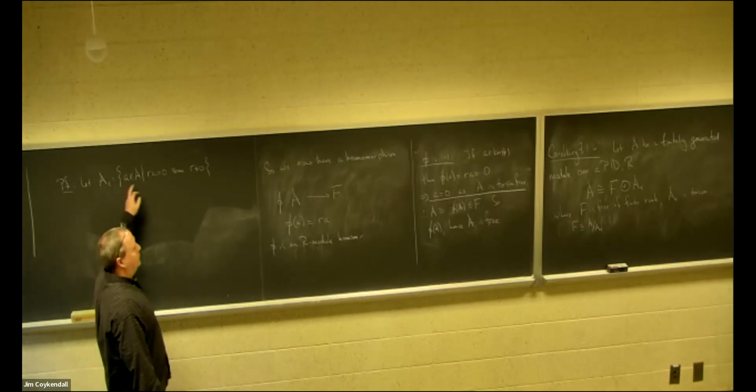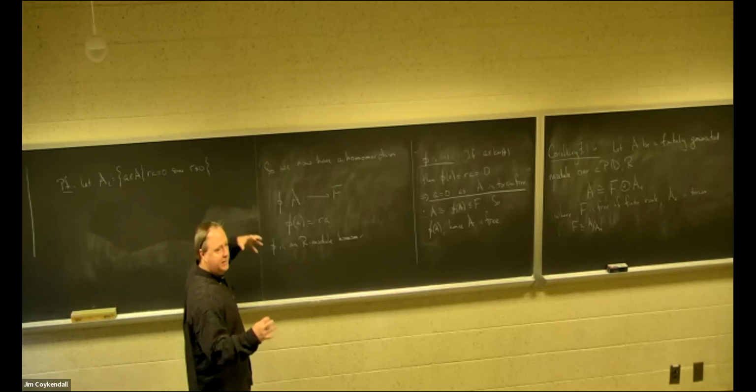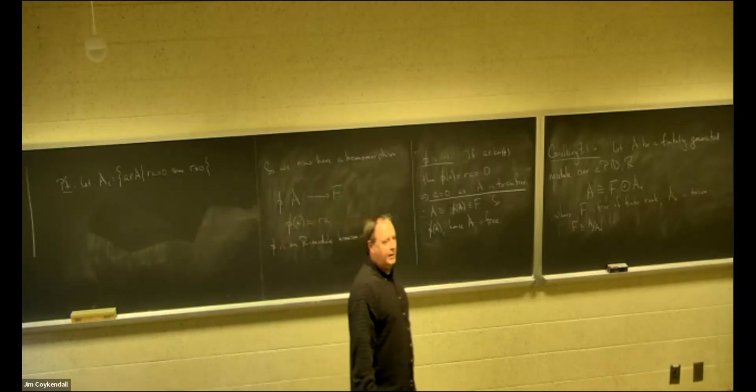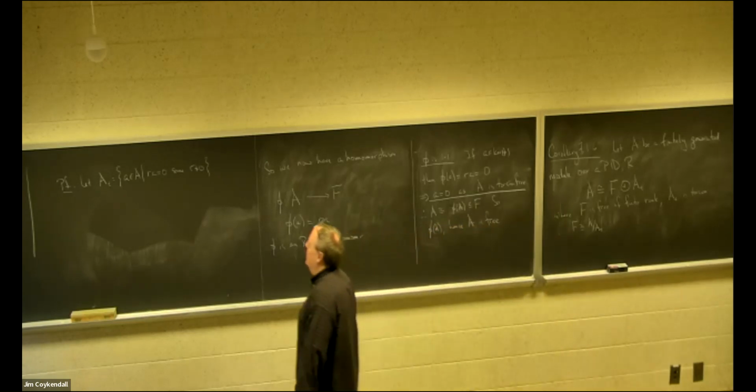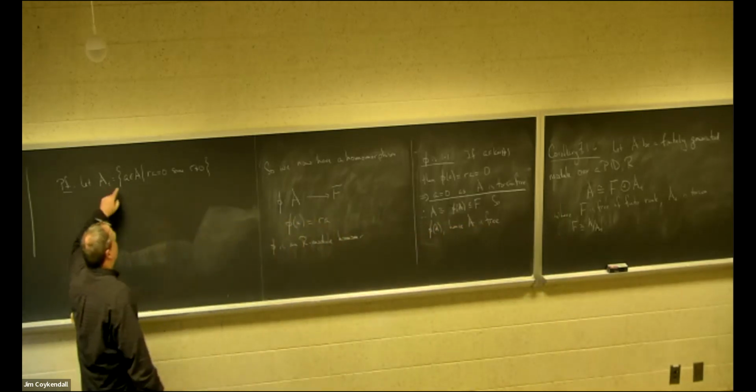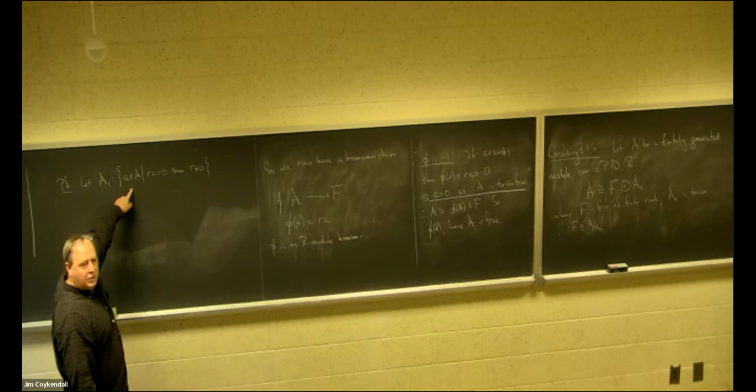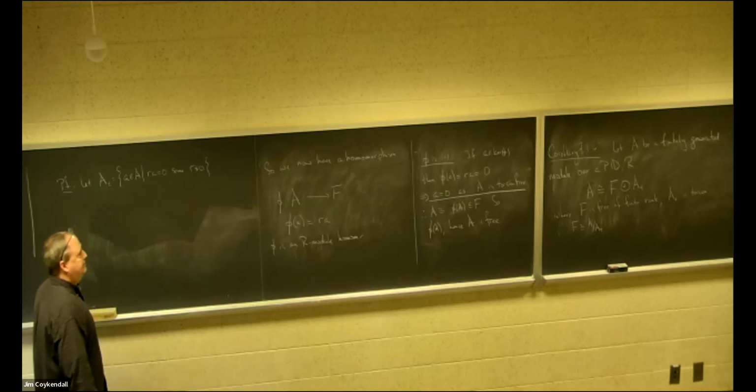So this is the torsion elements. I think I call this T of A in the homework. This is the set of torsion things. We've shown that this thing is a submodule. You don't need PID for this to be a submodule, but you do need integral domain.